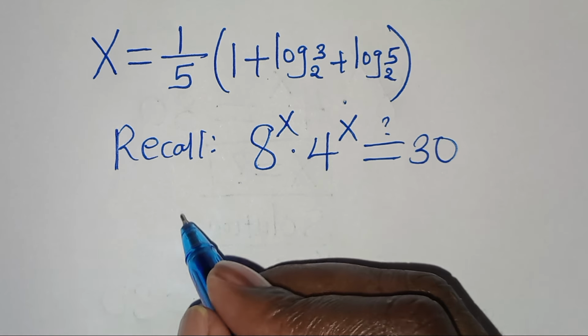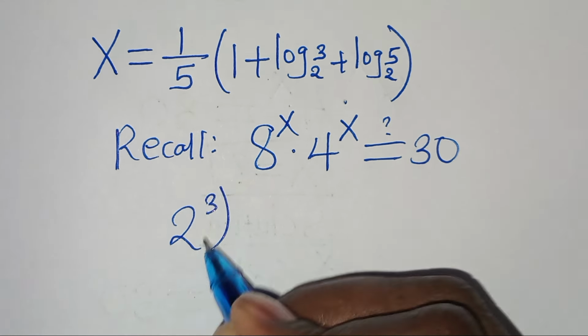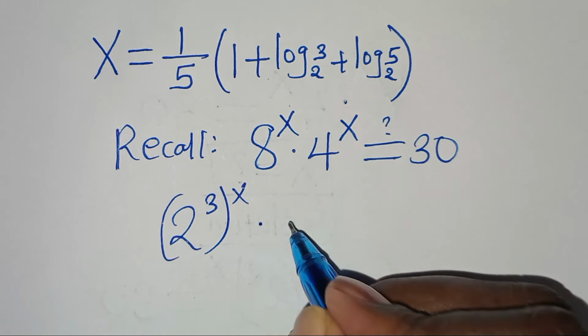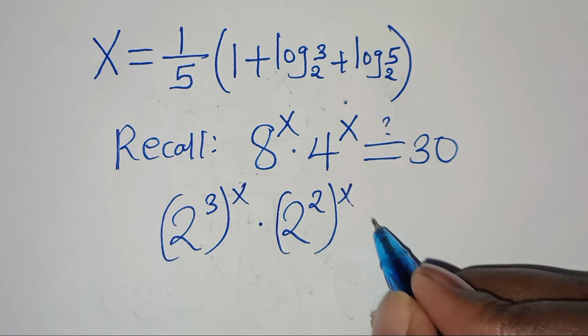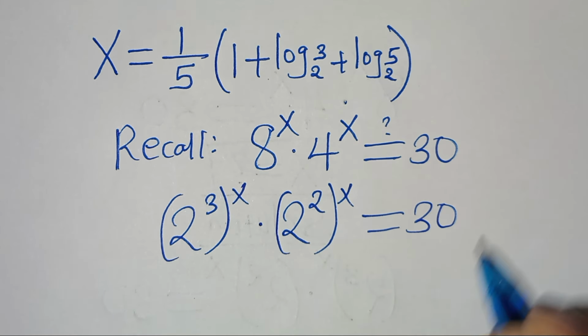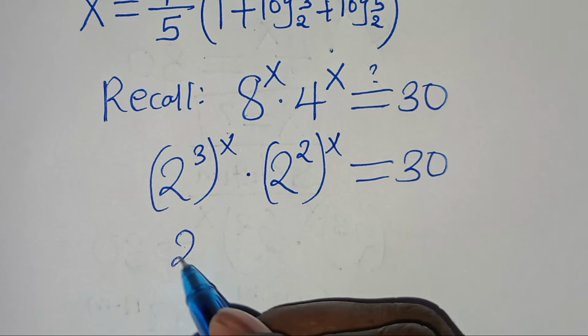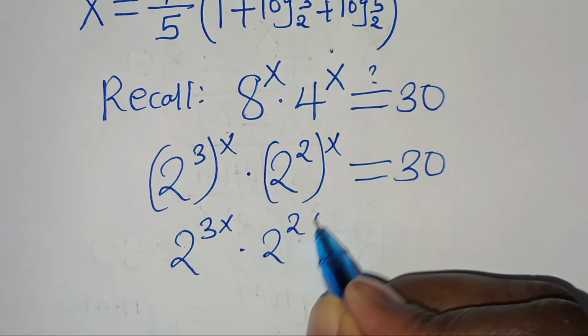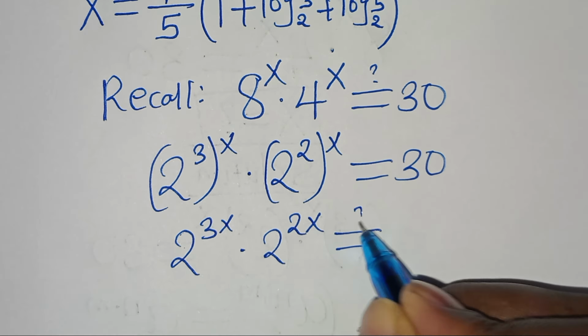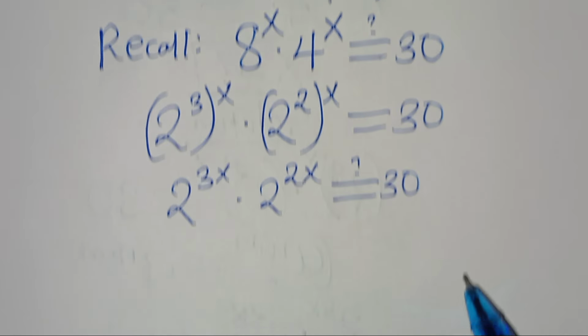So we express 8 as 2 to the power of 3 raised to the power of x times 2 to the power of 2 raised to the power of x. This is equal to 30. So this is the same thing as 2 to the power of 3x times 2 to the power of 2x. This is supposed to give us a value of 30.